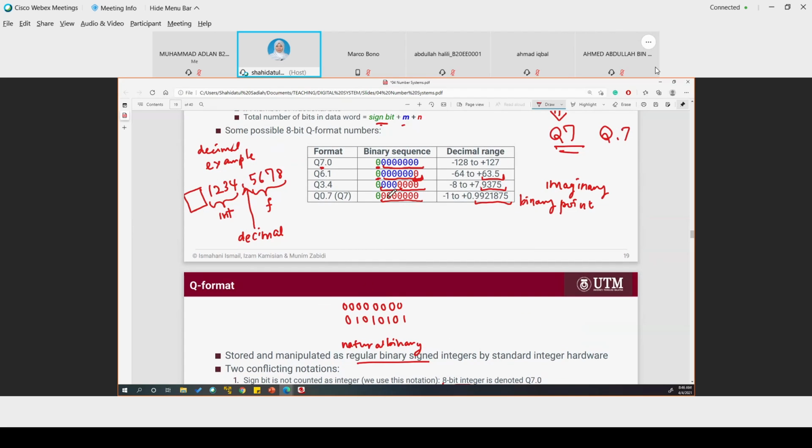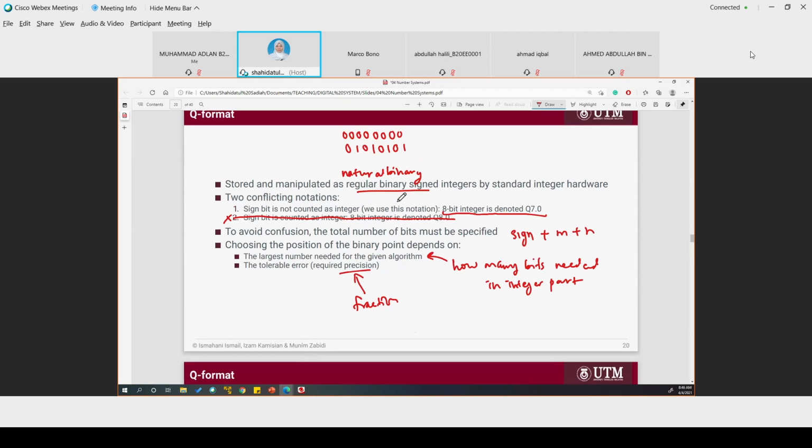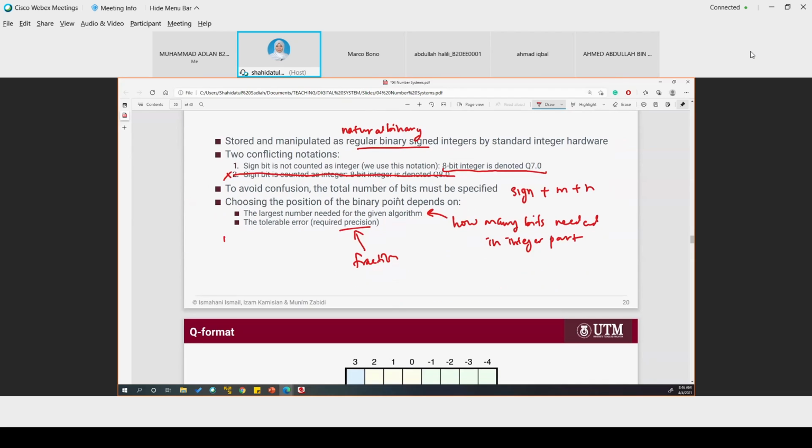The longer the number of bits in the fraction, the more precise it is. Longer fraction means more precise. Am I right? Longer fraction, more precise.